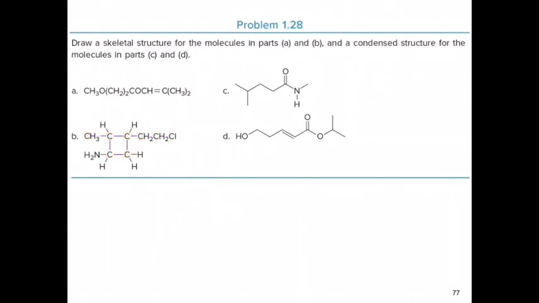All right, so what about part D? So it's the same concept. You're going to label the carbon atoms first. And then include the hydrogen atoms. So we have all the end carbons with 3 hydrogen atoms.